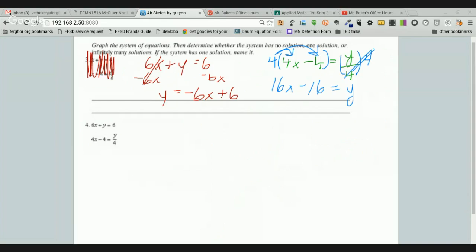Okay, let's graph this. Lots of lines. 2, 3, 4, 5, 6, 7, 8, 9, 10, 11, 12, 13, 14, 15, 16.